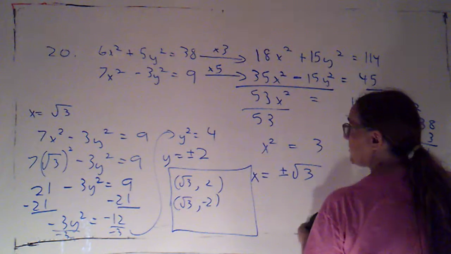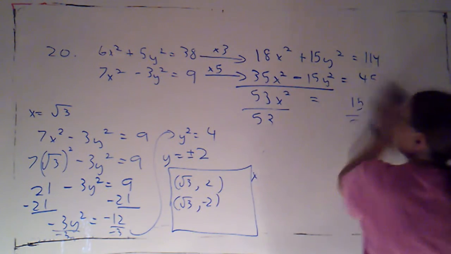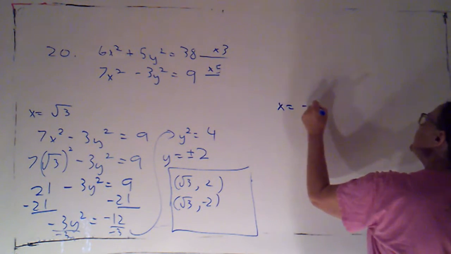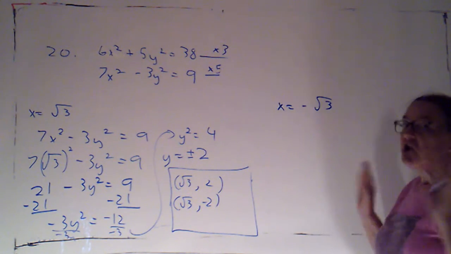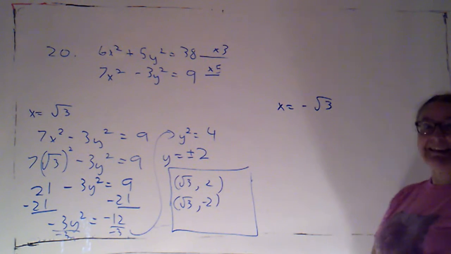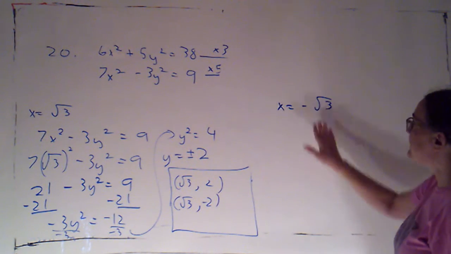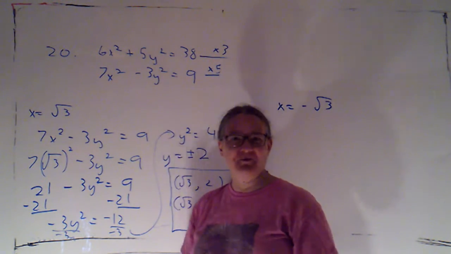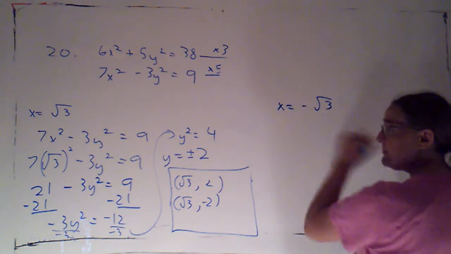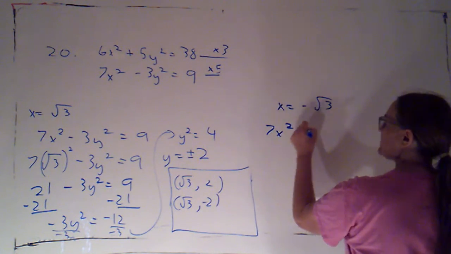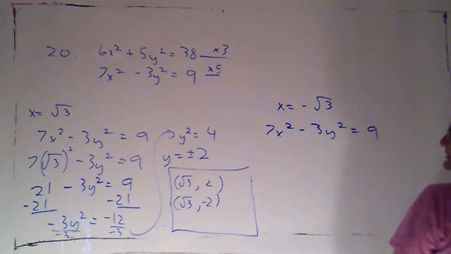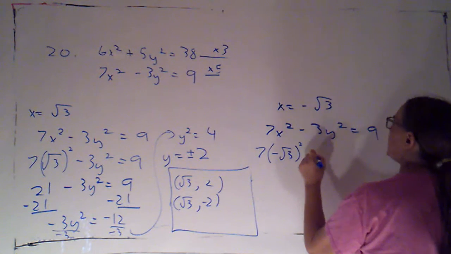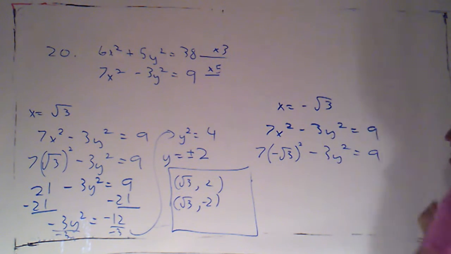Okay, so let's do that. What if x is negative root 3? You might notice I should be getting the same two y values because all I'm going to do with x is square it, and root 3 and negative root 3 squared to be the same thing. But let's actually work it out. So it was 7x squared minus 3y squared is equal to 9. So that's 7 times negative root 3 squared minus 3y squared equals 9.